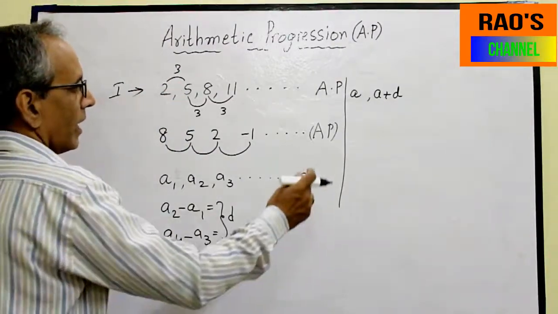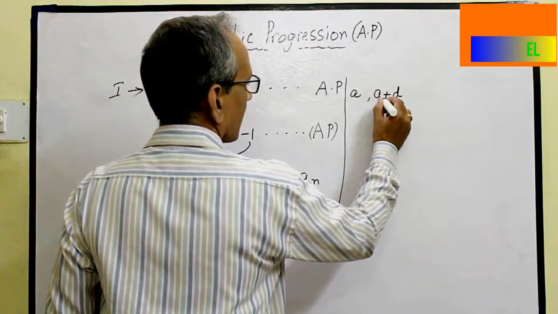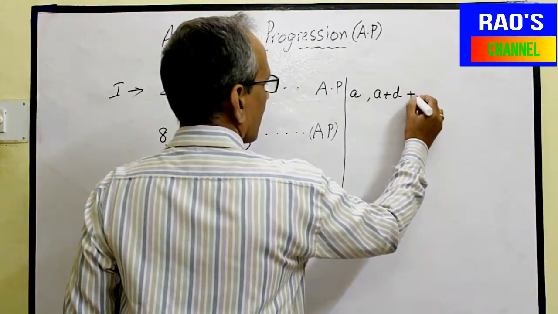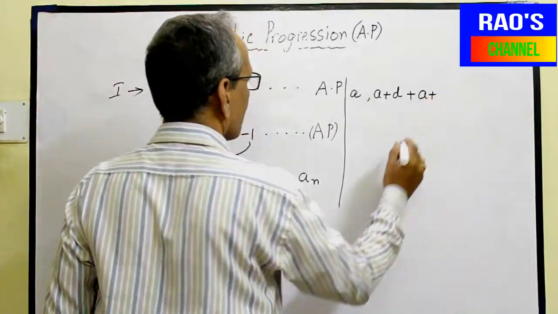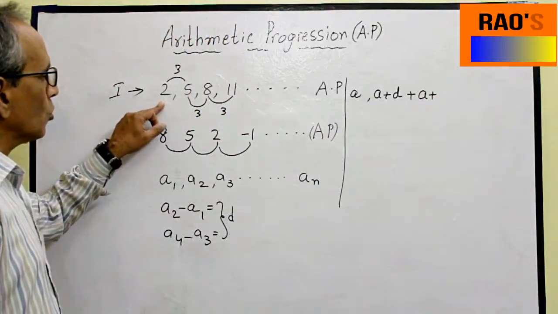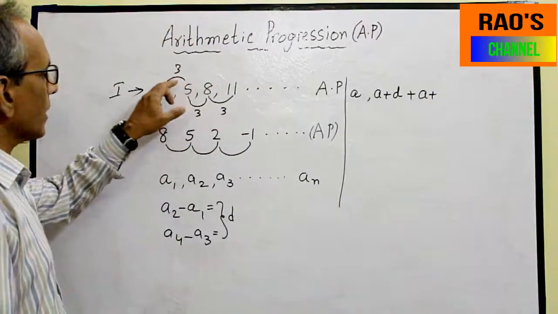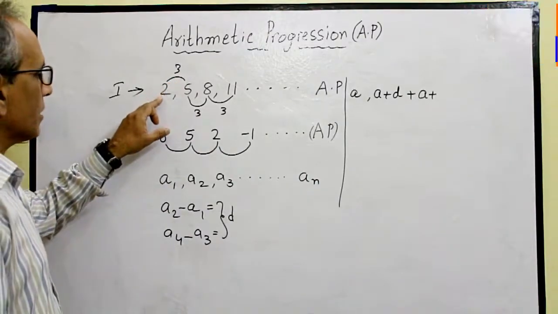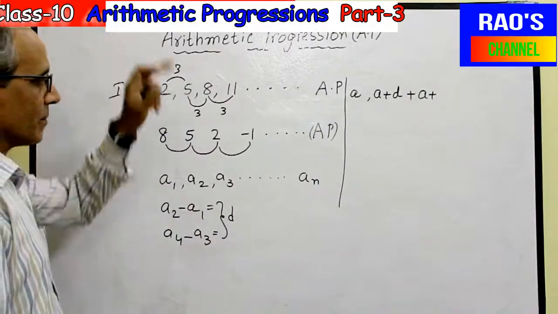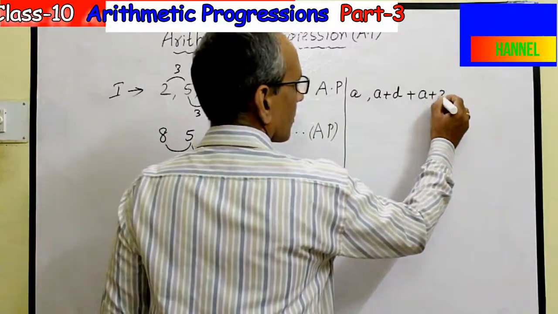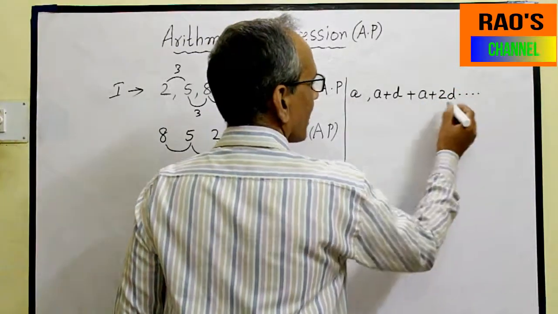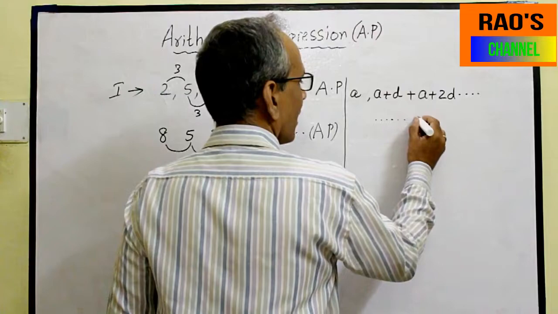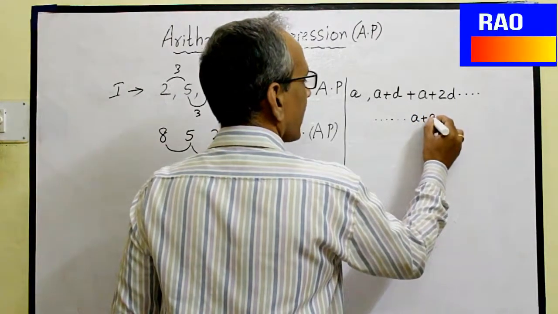And next number, A plus, what is added to 2 to get 8? 2 times the common difference. That means A plus 2D. Now you got the pulse, I think. A plus 9D.